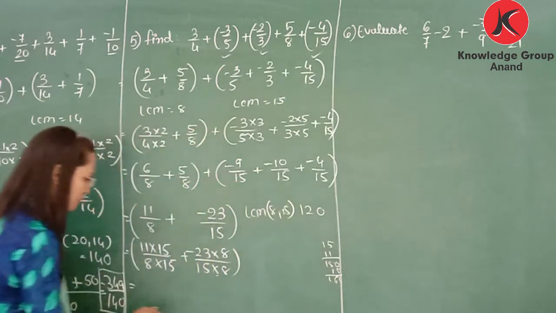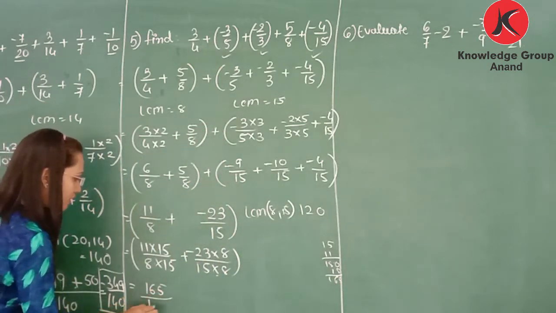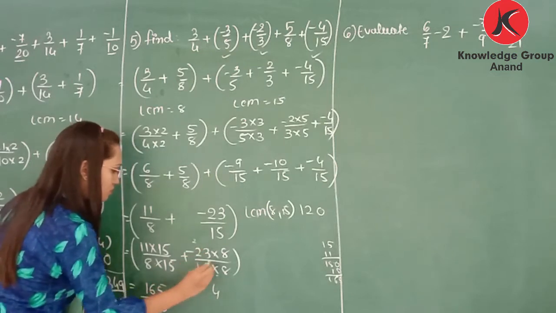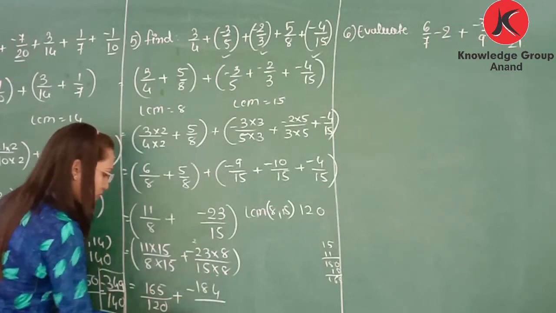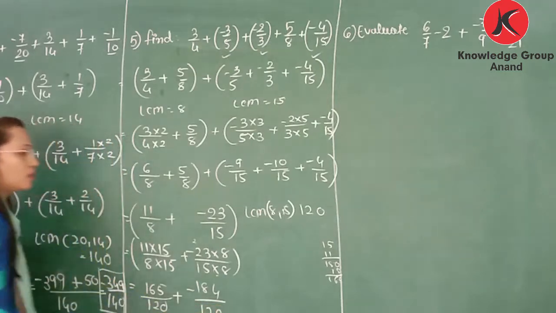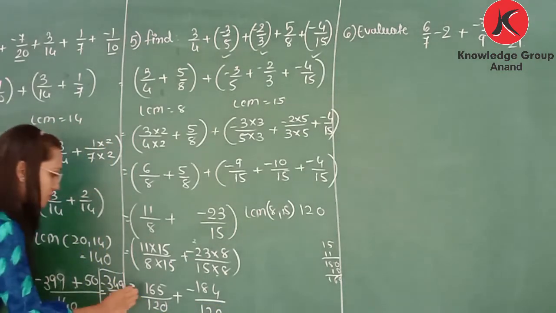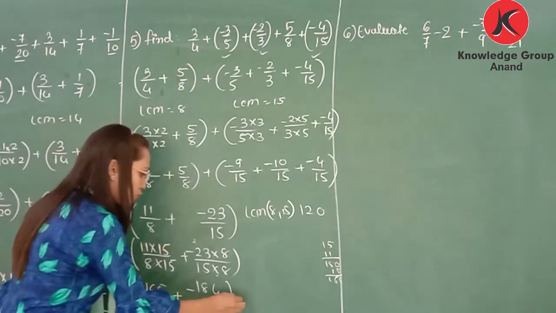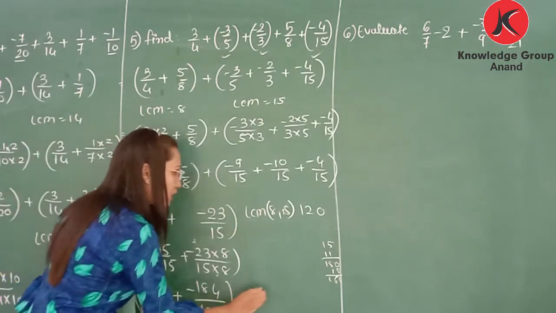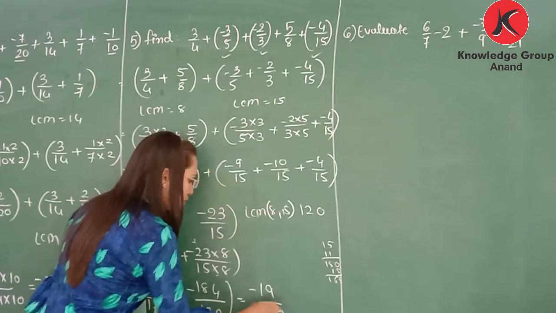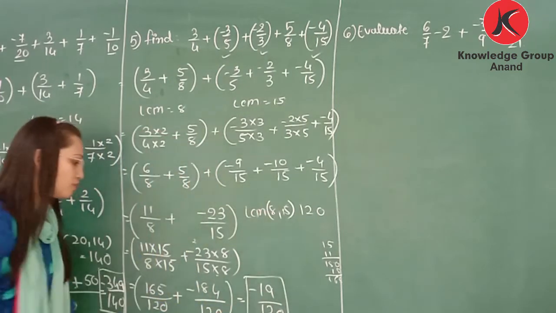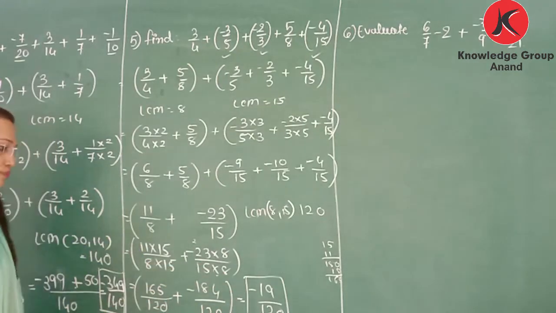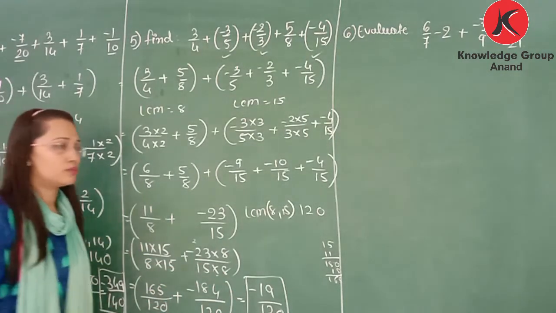So we get 165 by 120 plus minus 184 by 120. Now perform the subtraction of 165 minus 184. 184 minus 165 will give minus 19 divided by 120. So this way you can get the answer.